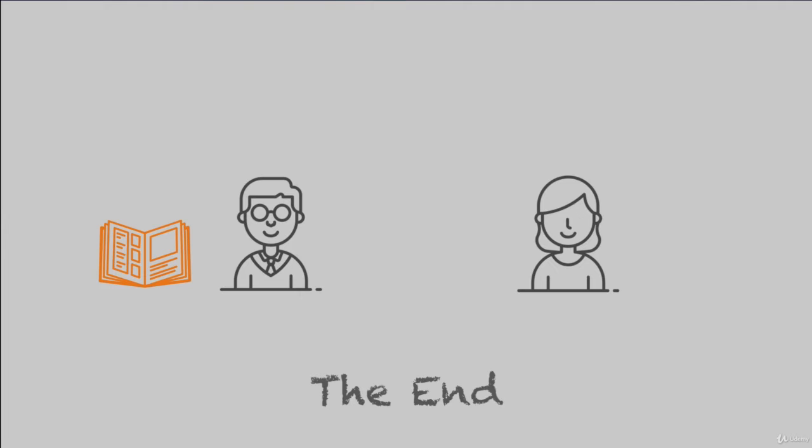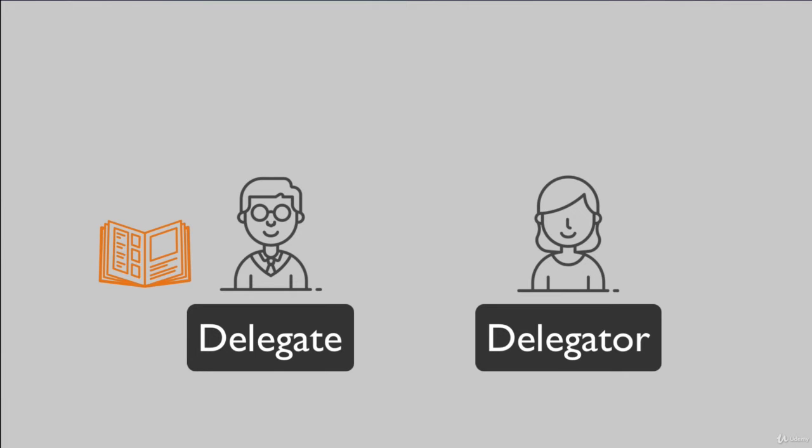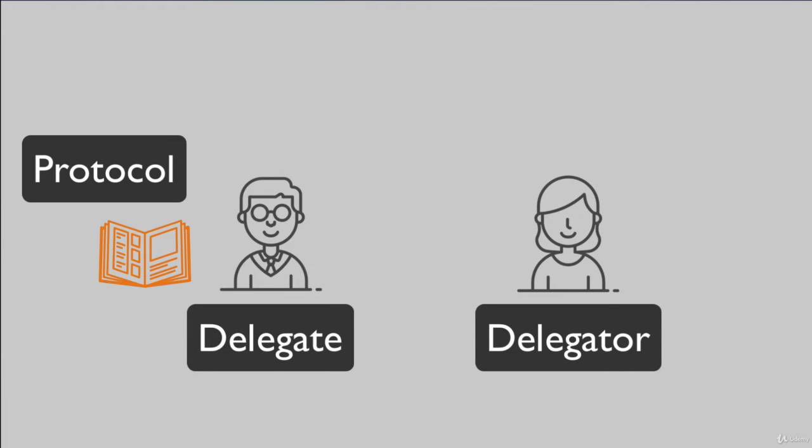Now you might already be able to guess some of the parallels here. Jill is the delegator. Jack is the delegate. That binder of information and procedures is the protocol. And when Jack accepts it, he is conforming to the protocol in programming jargon. There are a few other details to the story that will become apparent once we write some code that I will point out as we go along.